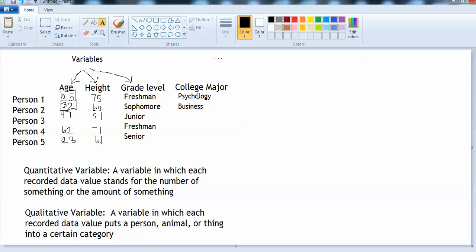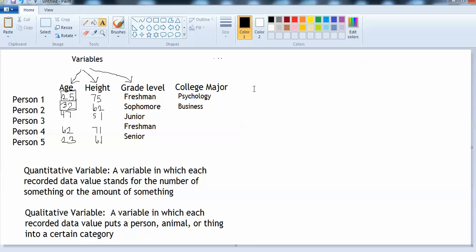They just put the person into a certain category. This shows that the person is a member of the category of psychology majors, and this person is a member of business majors. So it's qualitative.